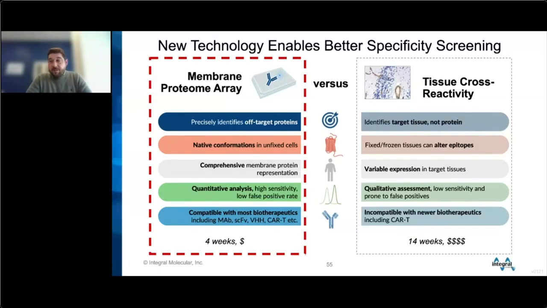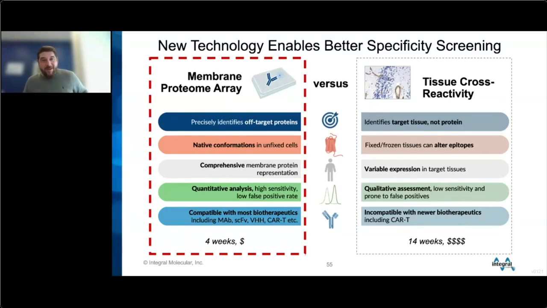Also, as Jonathan mentioned, our platform is compatible with almost all biotherapeutic modalities, including mAbs, scFvs, VHHs, CAR-T binding domains, etc. And finally, the TCR really cannot do this, particularly with some of the newer modalities like CAR-T molecules or multivalent proteins.